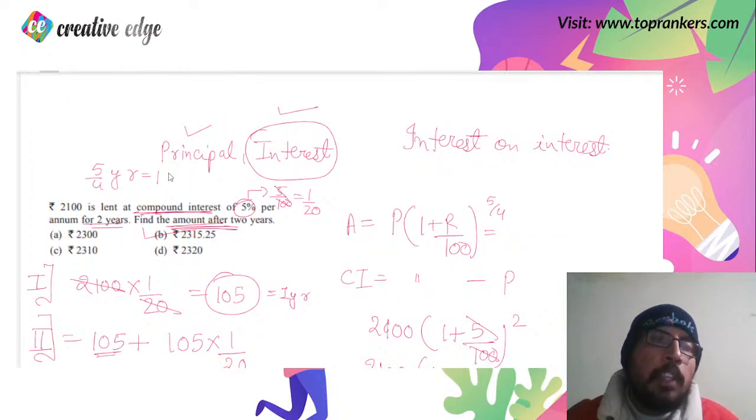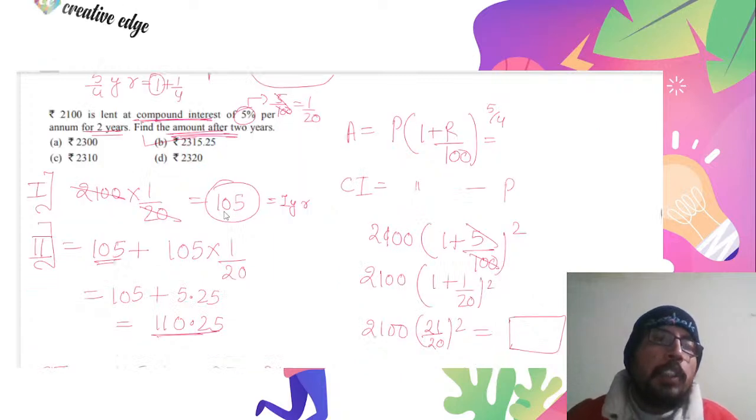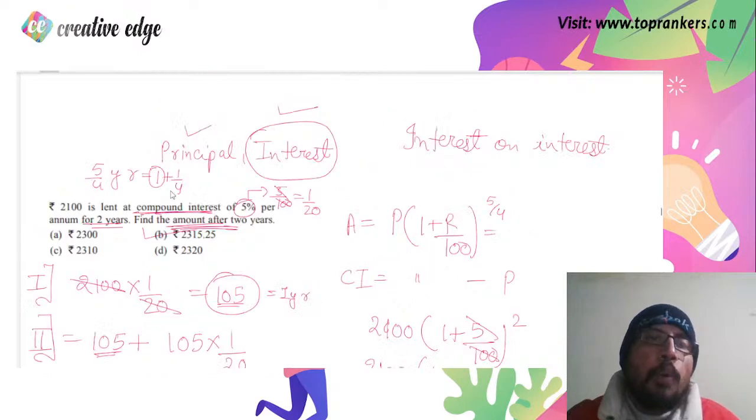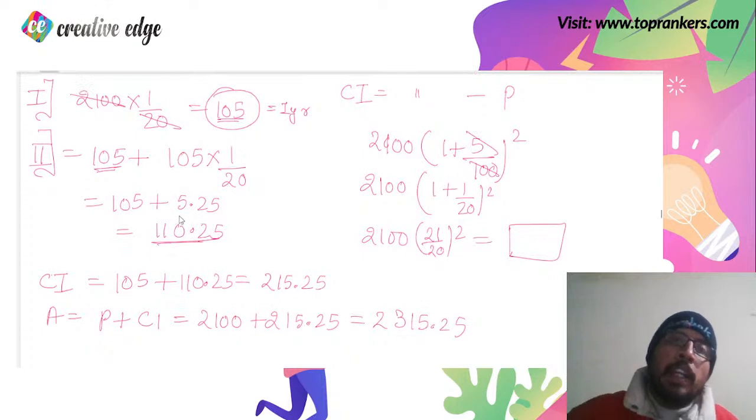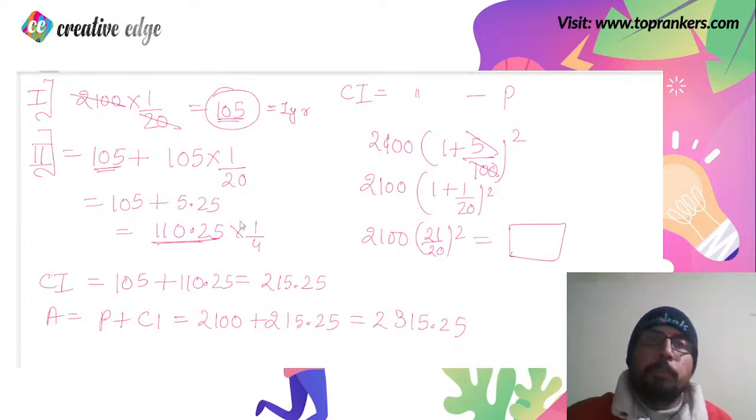5 by 4 is basically 1 plus 1 by 4. For the first year, I have calculated 105. For the next 1/4 year, I will calculate for the entire second year and then multiply this by 1 by 4. I hope you are getting what I am trying to convey.